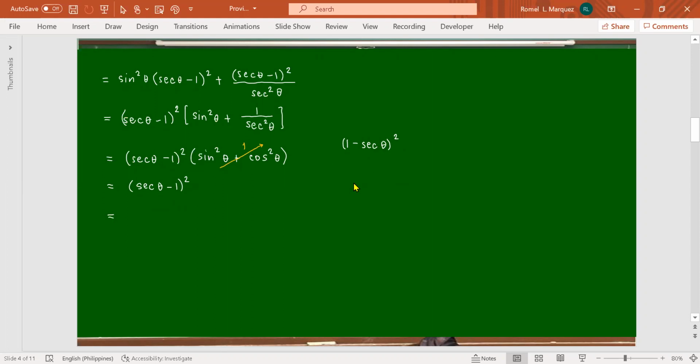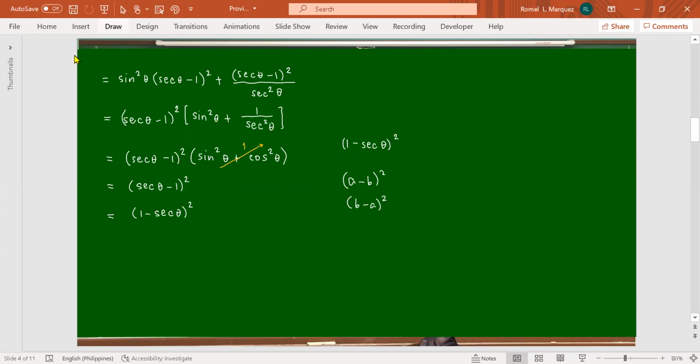Now, from algebra, if you have a minus b and you square it, that is the same as b minus a quantity squared. Interchanging the position of the terms inside when it is raised to an even power will not affect the value. Okay, guys? So it means I can write this as 1 minus secant theta quantity squared. Okay, guys?